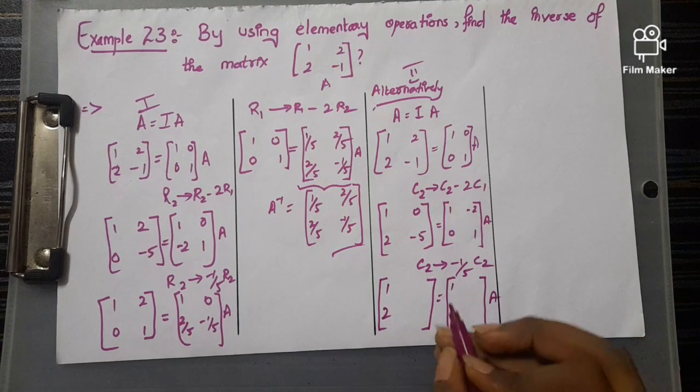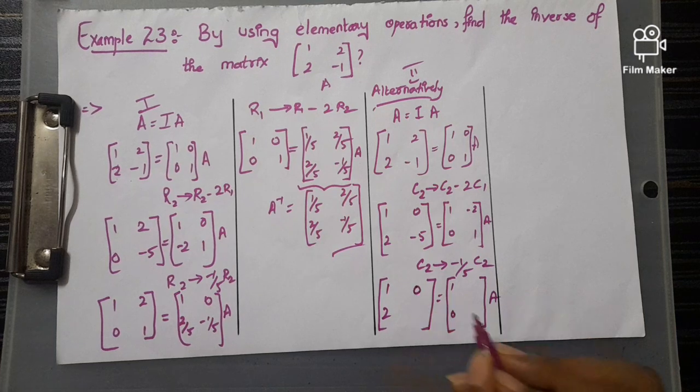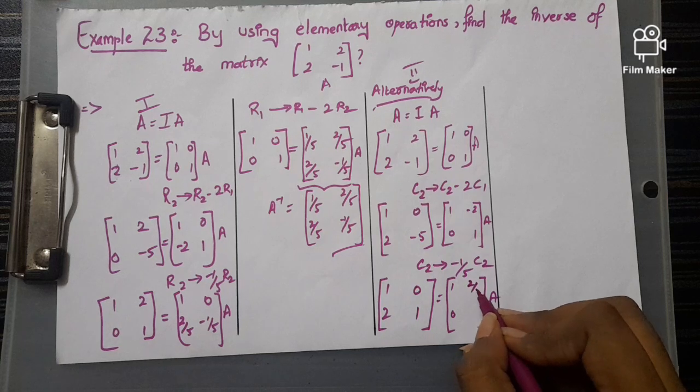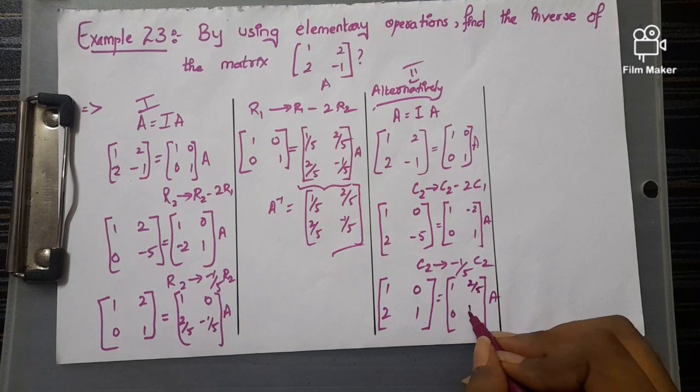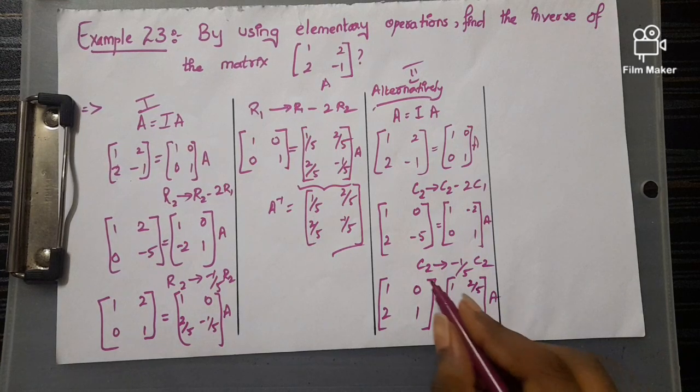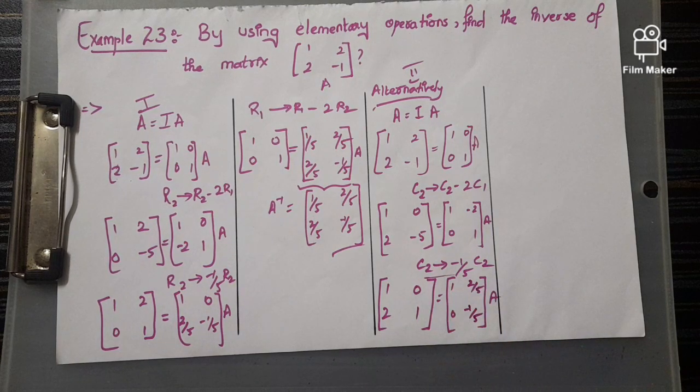Minus 1 by 5 C2: 0, minus 5 by 5 gives minus 1, and 1. On the right, this holds 2 by 5 and this comes as minus 1 by 5. As per the technique we have used, C2 changes to minus 1 by 5 C2, so you get this.